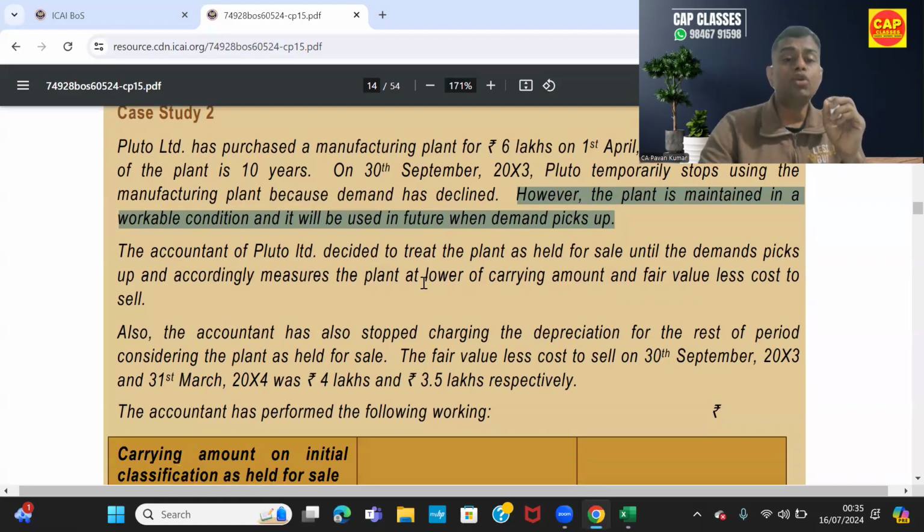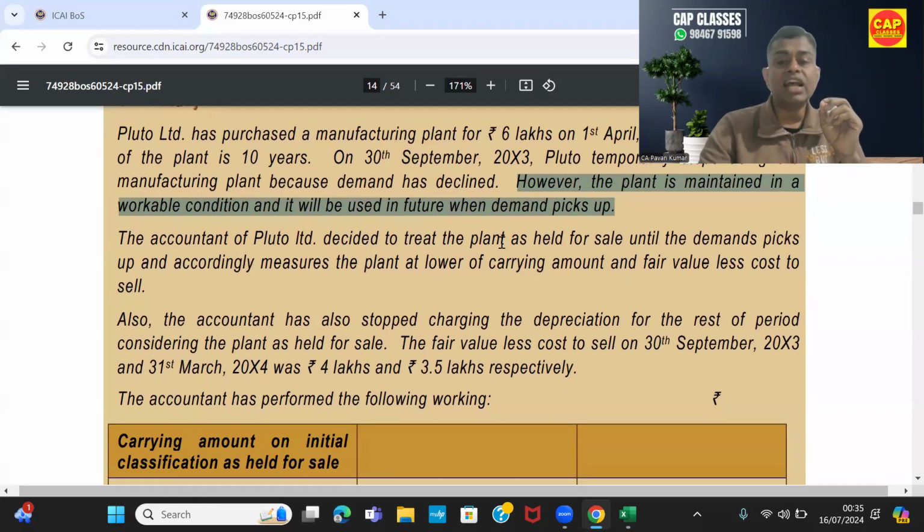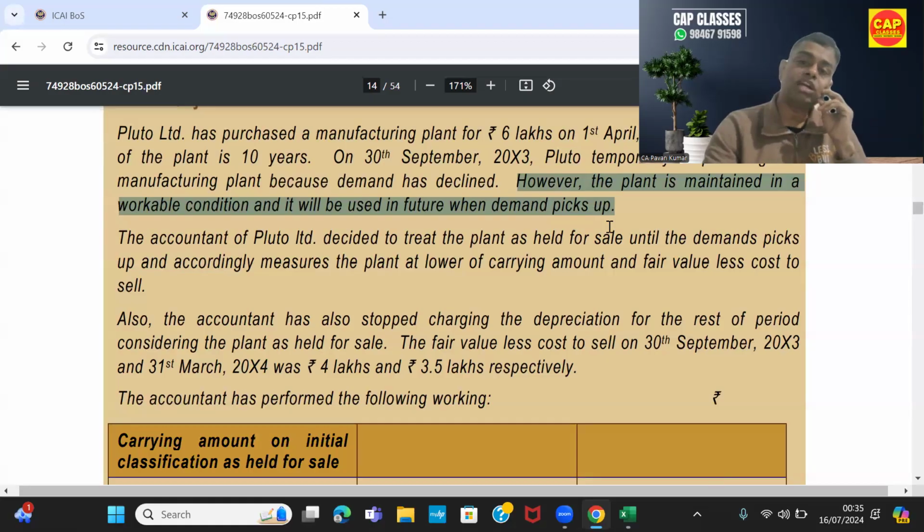Now, the accountant of Pluto Limited decided to treat the plant as held for sale until the demand picks up. So these unqualified accountants with half knowledge are more dangerous, isn't it?